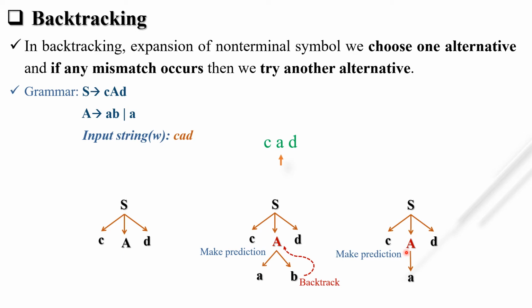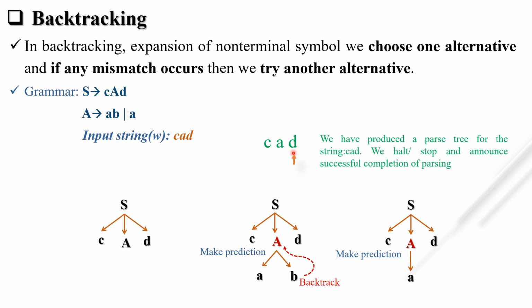The leaf a matches with the second symbol, hence we advance the pointer to D. And this D also matches this leaf node with the input string. So we stop here and announce the successful completion of parsing. This is how the backtracking works. Backtracking always backtracks when it does not match with the input string. Hence it is a disadvantage of this method, and also it is very time consuming.